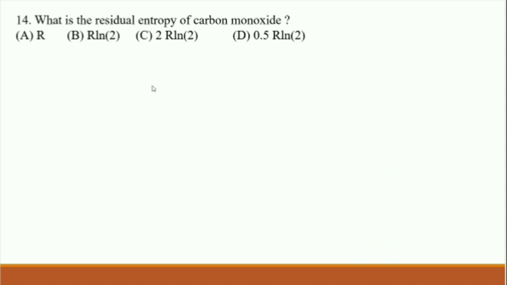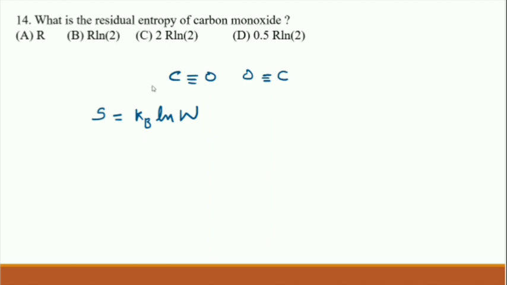14th question, what is the residual entropy of carbon monoxide? For carbon monoxide, there are two types; we can arrange it in two ways. The residual entropy equation is S equal to Kb ln W, where W is the number of different ways to arrange a system.